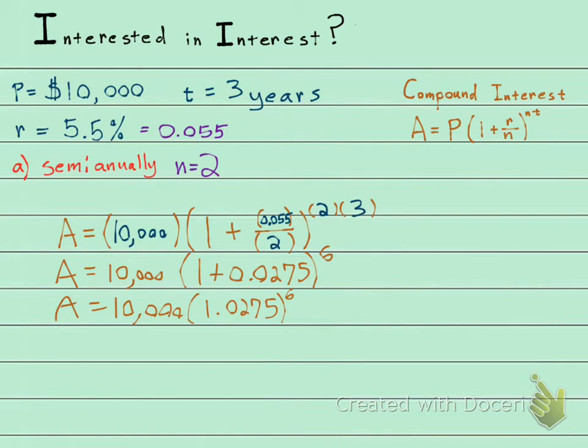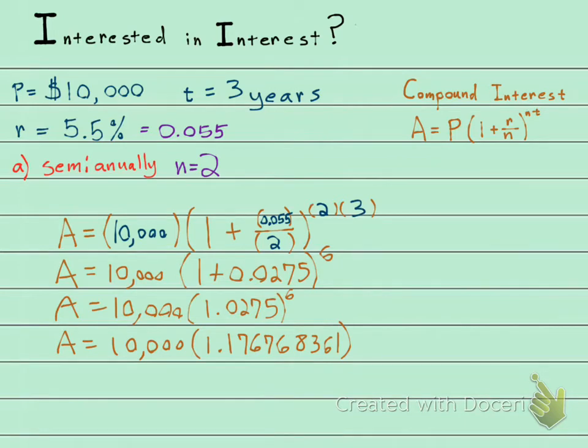And now I have my amount is going to be 10,000 times 1.176768361. Now, instead of writing all that down, I'm just going to leave it in my calculator, leave the answer in there, and do times 10,000.